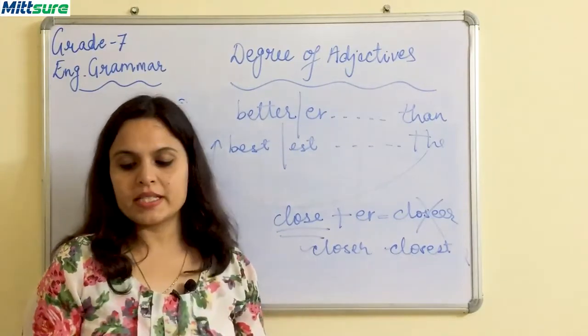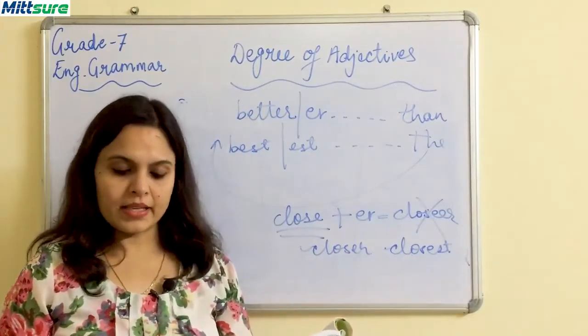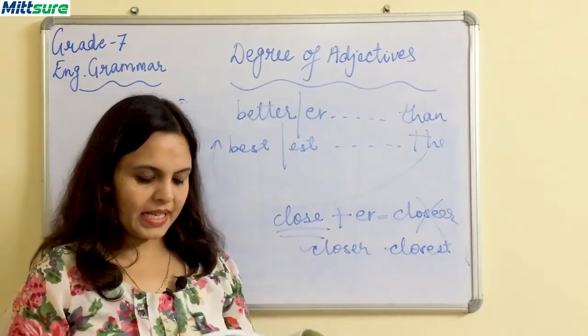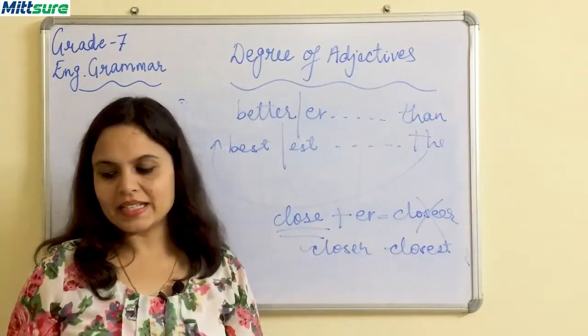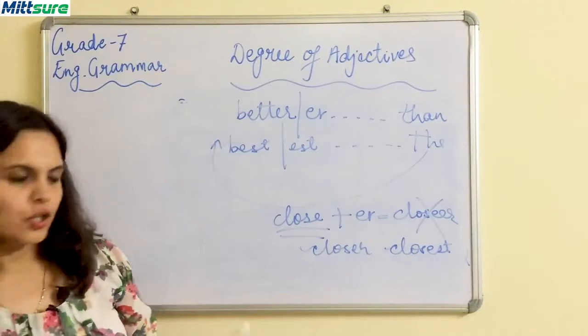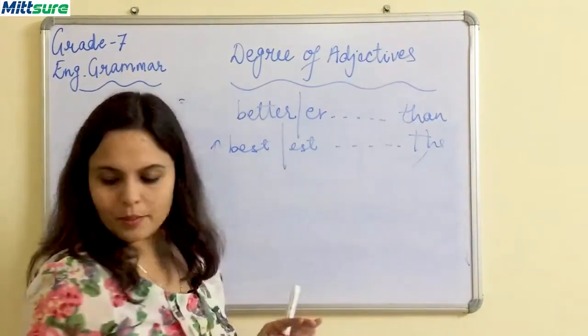Some positive degrees end with a consonant plus Y. We remove Y and add IER and IEST to form the comparative and superlative degrees, like easy. This is an easy job. So how will you show this easy in comparative degree?